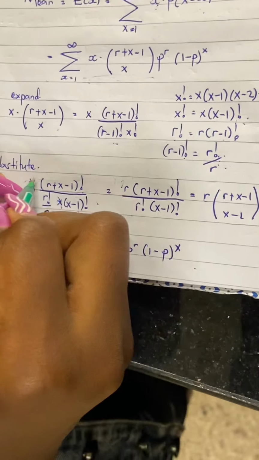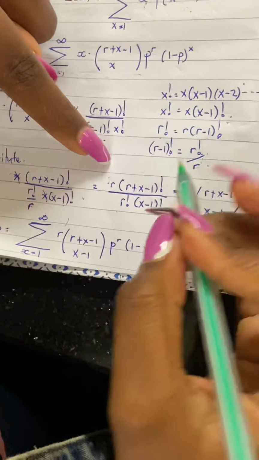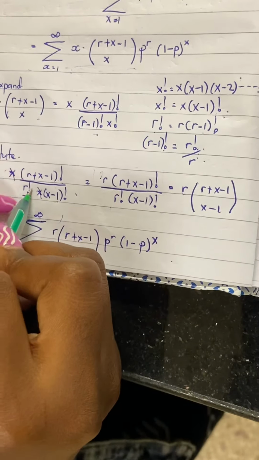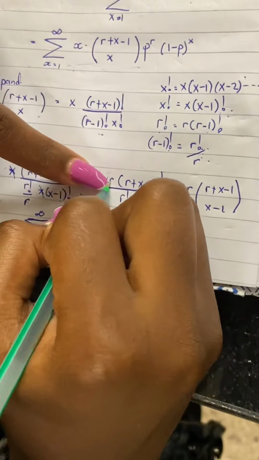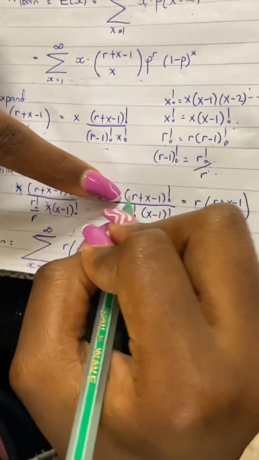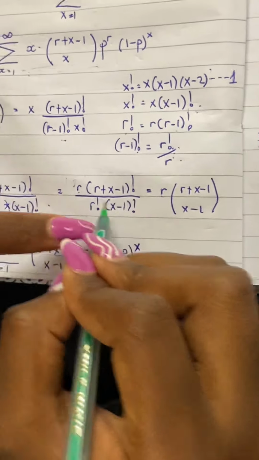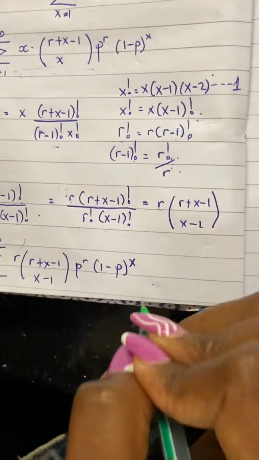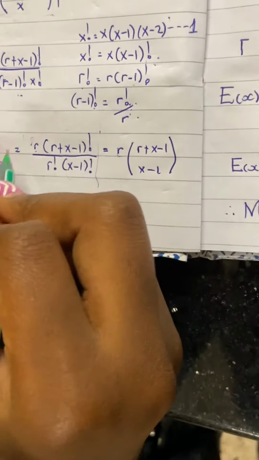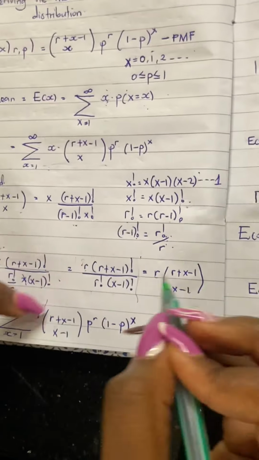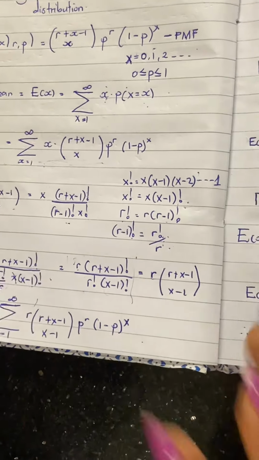So we're going to find that x and x cancel. Then, as we carry out this division, we see that the r goes up and we remain with r into r plus x minus 1 factorial out of r factorial into brackets x minus 1 factorial. And when we look at this segment in this form, we can take it back into a combinatorial form.